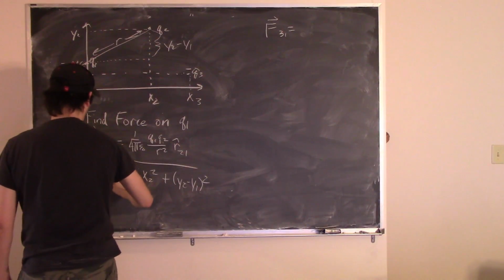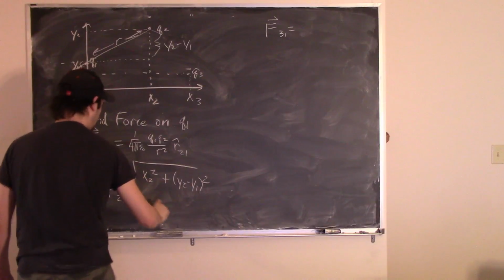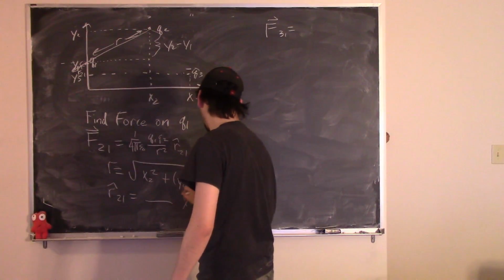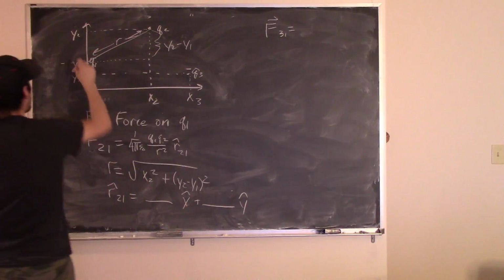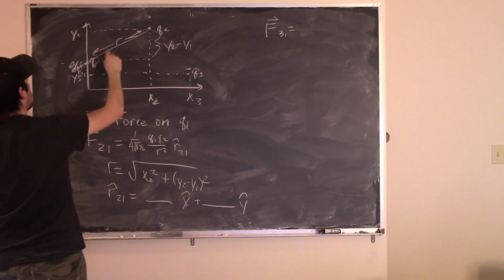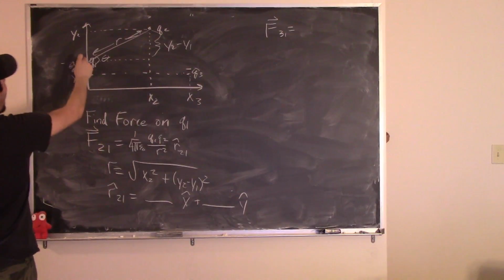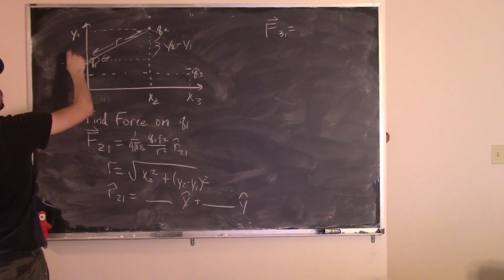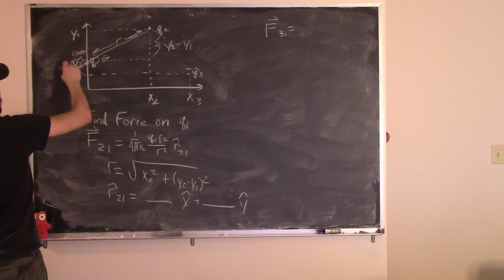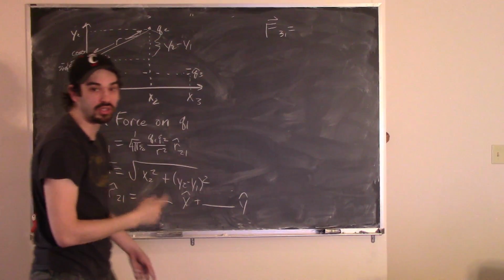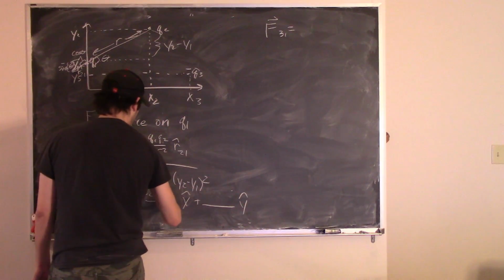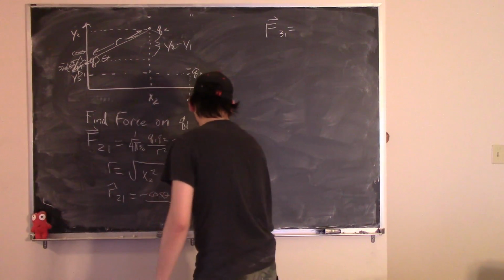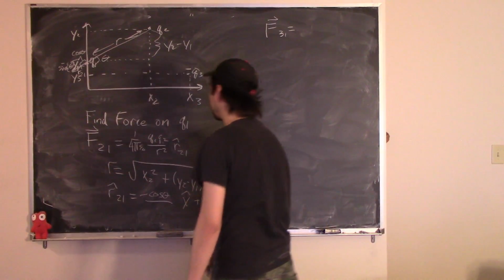r21. So r hat 21. This is going to have some part in x and some part in y. Okay. So if this is some angle theta here, in x this is going to have some cosine of theta, y is going to have some sine of theta, and they're both going to be negative. So this is going to be minus cosine of theta, minus sine of theta.